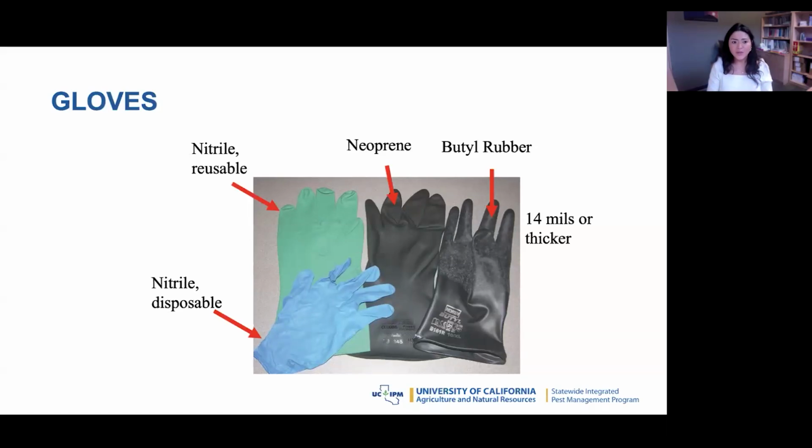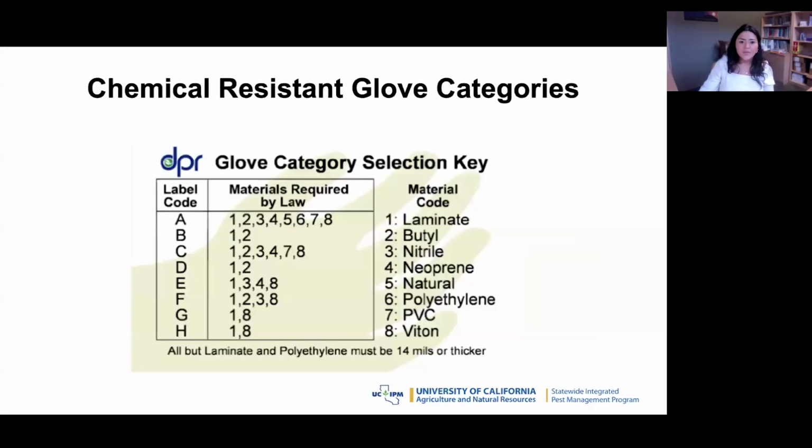The nitrile disposable gloves are those that we find at the doctor's office or that we might have at home. These are also protected, but they're not chemical resistant, right? So they can drip easily and you end up with exposed skin, and you don't really use them for chemical applications.